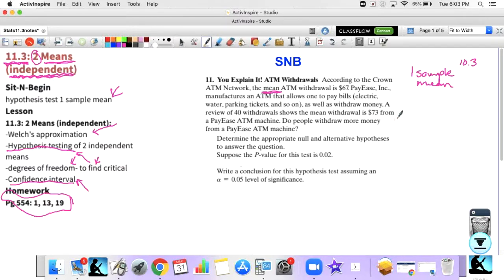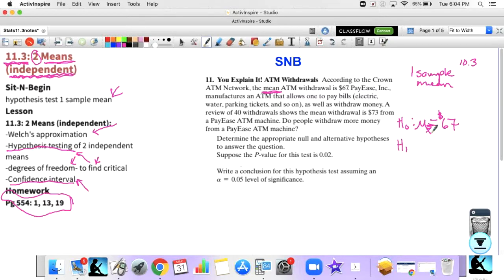So let's write, just like it says here, our null and our alternative hypothesis for this. So the null, if we're dealing with one sample, is that there's no change, okay? So it's going to be that it equals whatever you started with. And our starting information was 67. Now, when I say it equals, we should be saying the mean, because we're dealing with a mean. But we're dealing with a sample mean, so we put our little X bar.